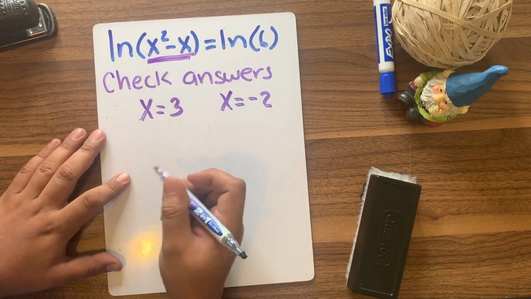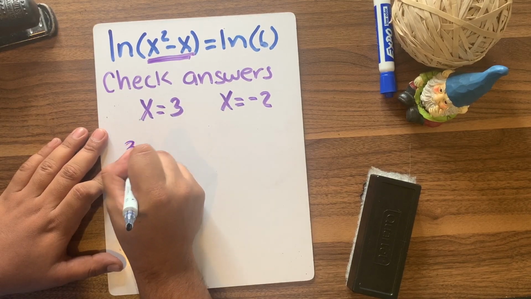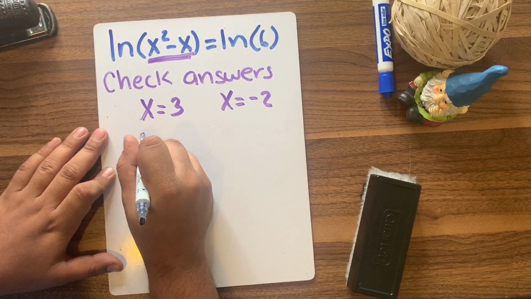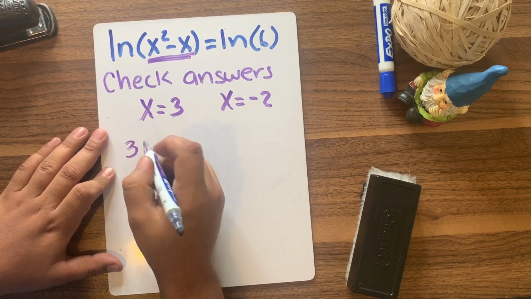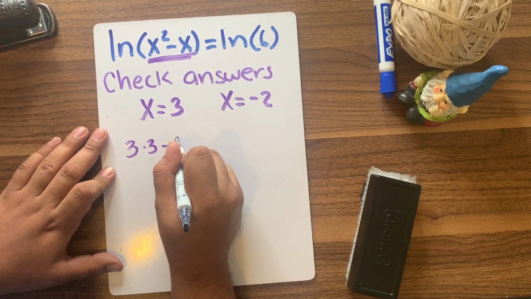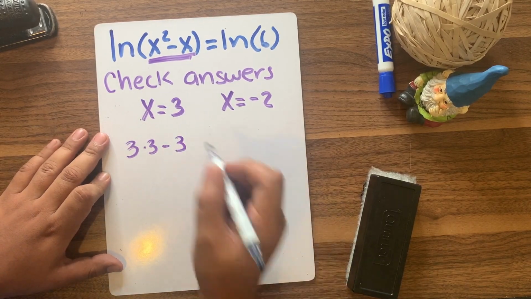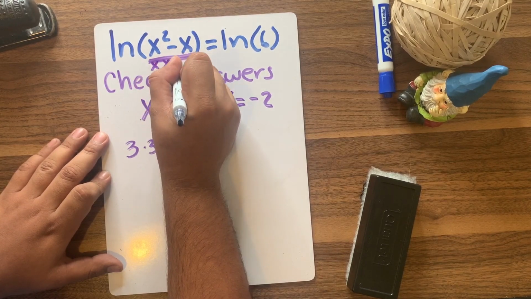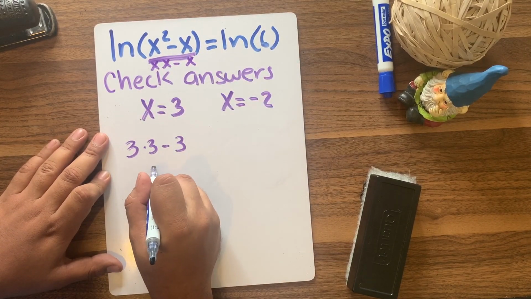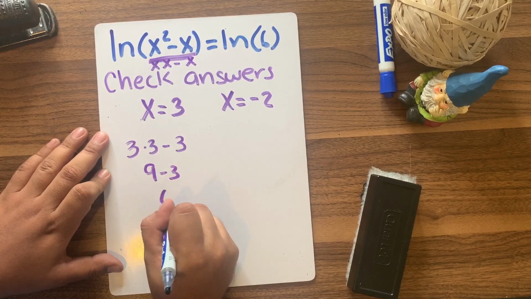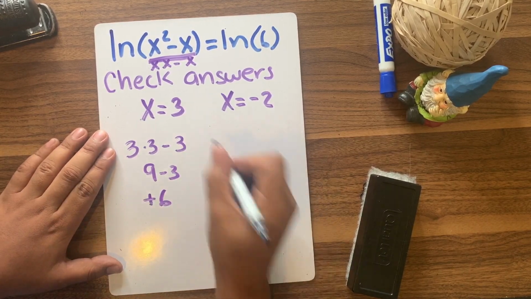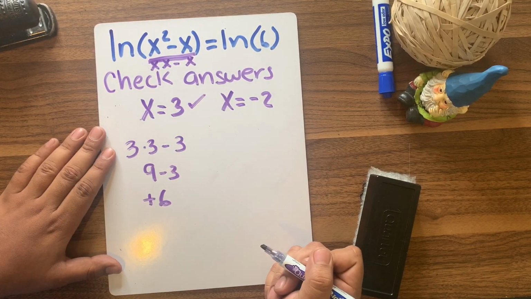Okay, let's plug it inside the log. In this case, we're going to plug in the 3 in there. So 3 squared minus x. Now 3 squared is the same thing as saying 3 times 3, which is 9, and 9 minus 3 is 6. And now we got a positive 6, that means 3 works.